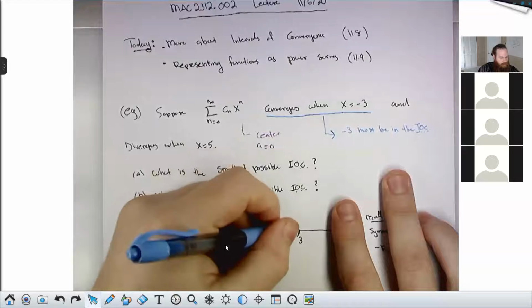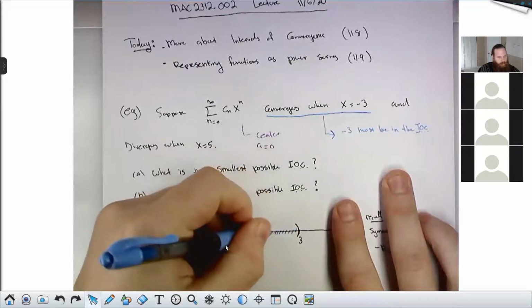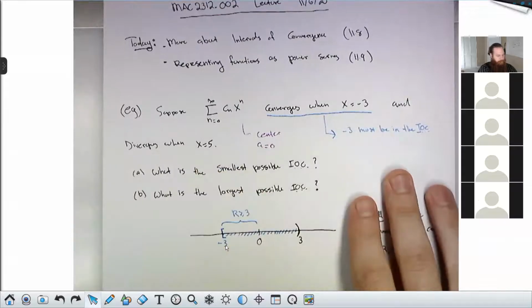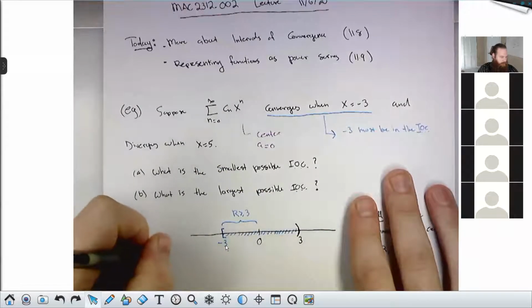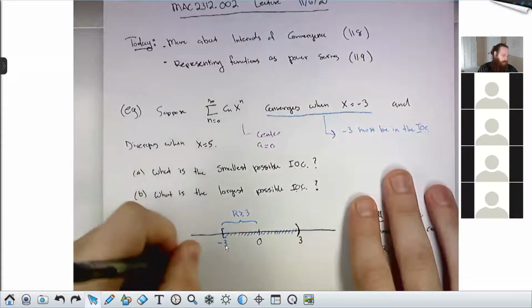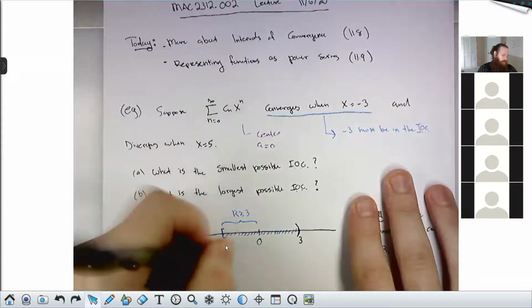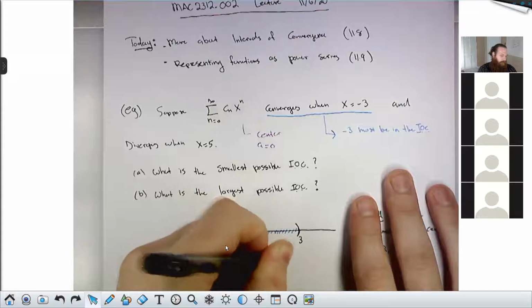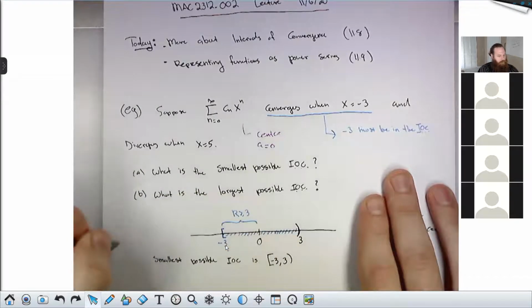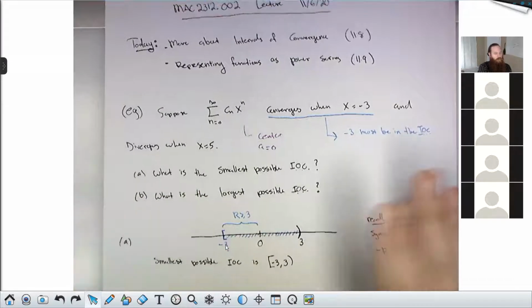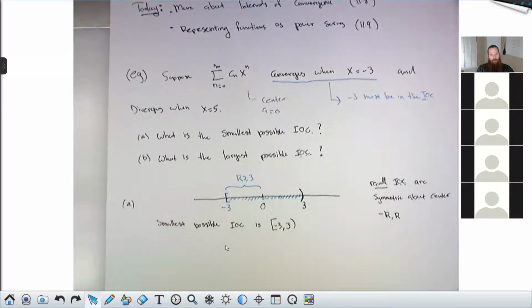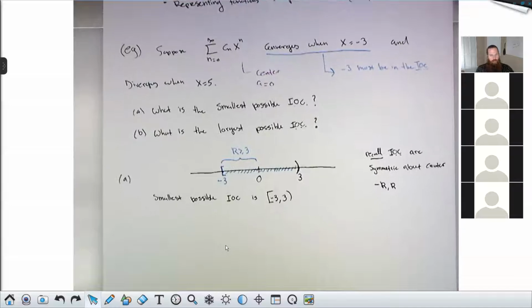This right here is the smallest possible interval of convergence for this series. It's the left closed, right open interval from -3 to 3. So here's the solution for part A. That's it. The smallest possible IOC is the left closed, right open interval from -3 to 3.